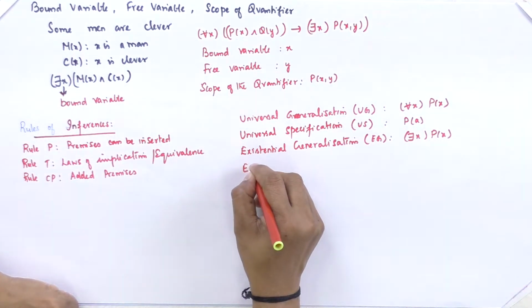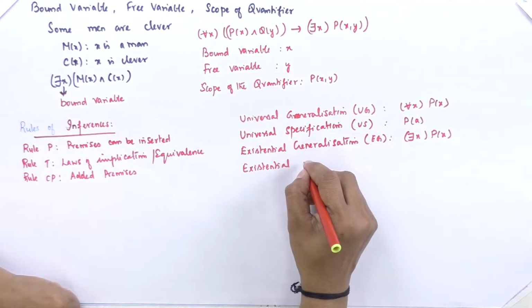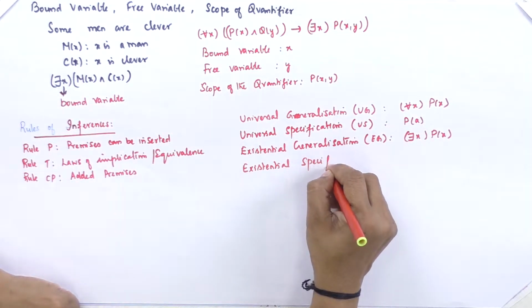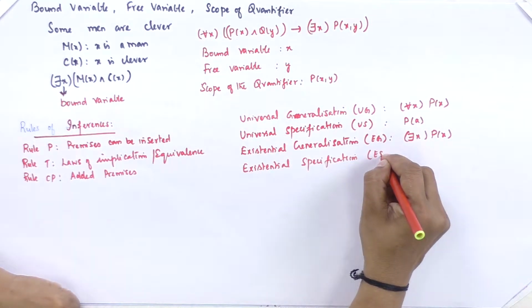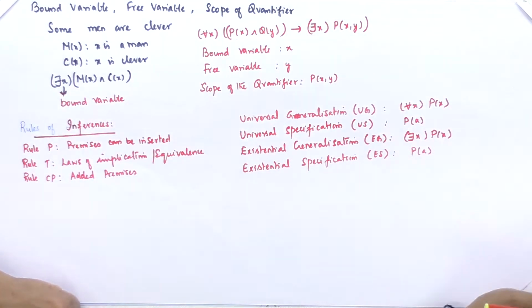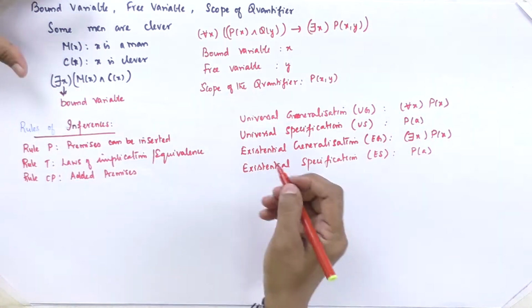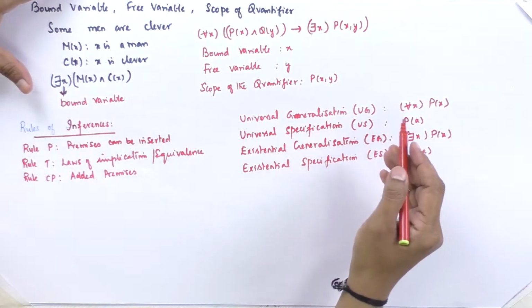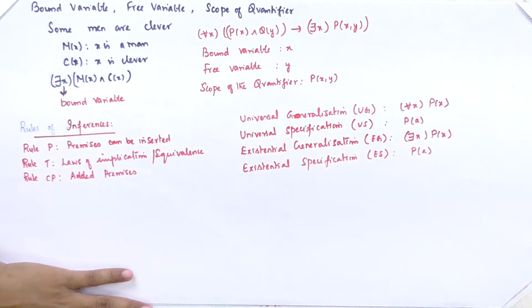And next is existential specification, ES. We write this as a specific point, P of A. So this is how we have the various notations. Universal generalization is UG, and this is how the statement will be. Let us see how we get that statement.